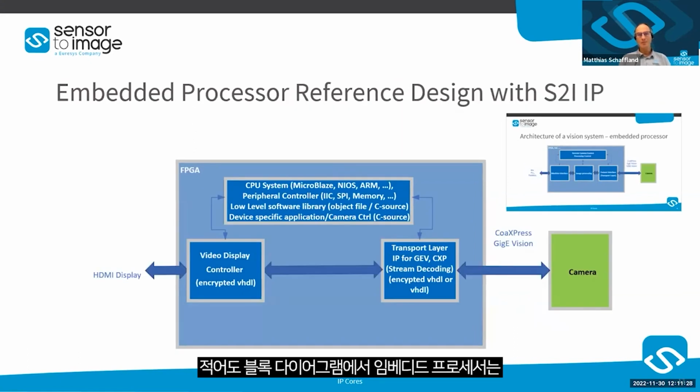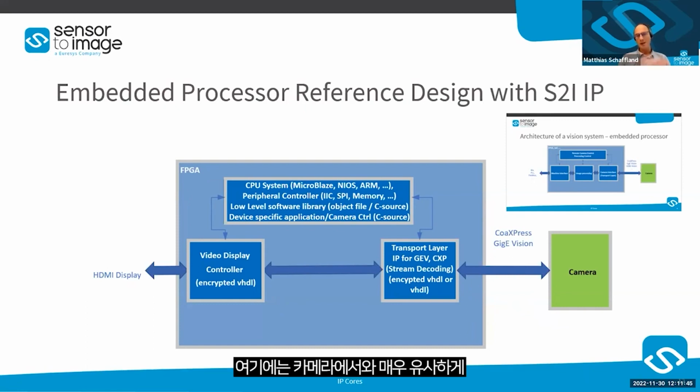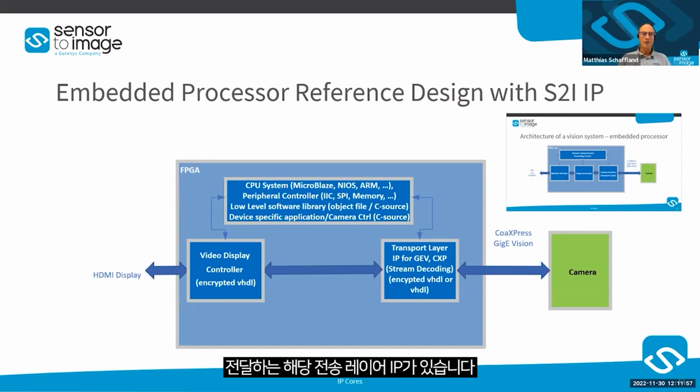An embedded receiver looks, at least from the block diagram, even a little bit simpler. We have our external camera, an off-the-shelf camera from whatever vendor, which is connected to the FPGA via CoaXPress or GigE Vision. Here we have the corresponding transport layer IP to decode the GigE Vision or the CXP streaming protocol, and forward some messages to the CPU system if needed, which is very similar to a camera.